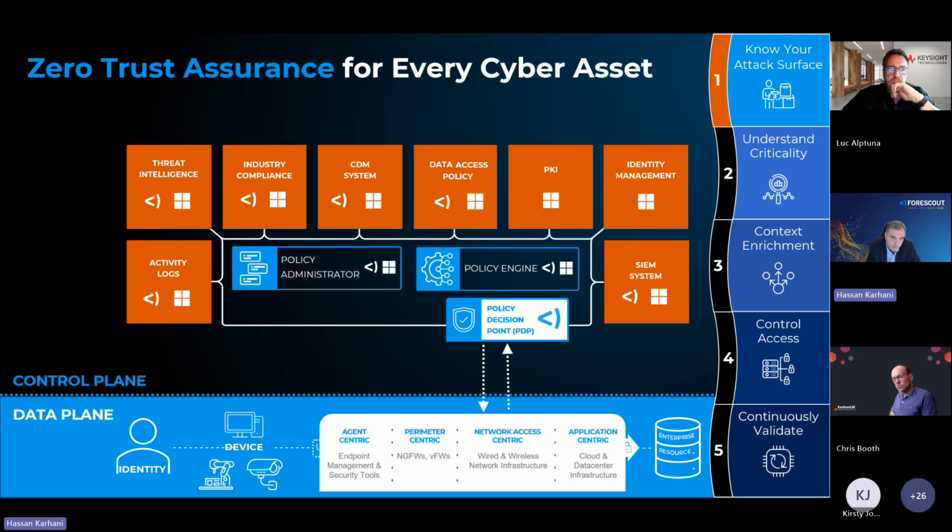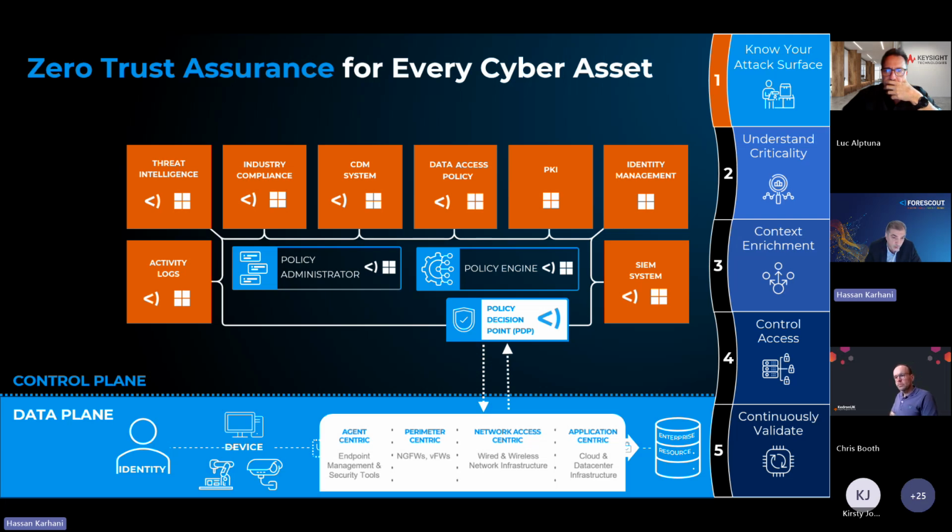Just to describe at a high level what you are seeing right now, the layer on the bottom, and this is for network engineers who know this very well, this is the data plane. This is the inline. This is where all the devices access the resources in real time. And usually, in zero trust, we assume all the devices are untrusted and the resources are trusted.